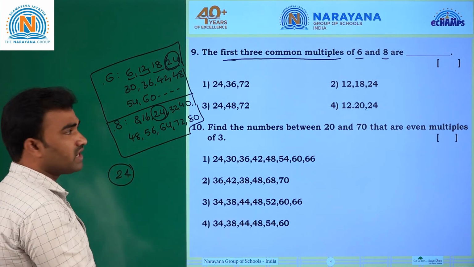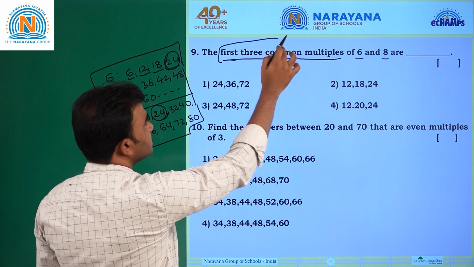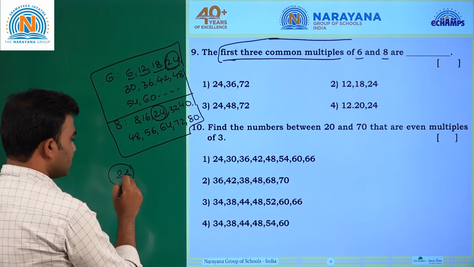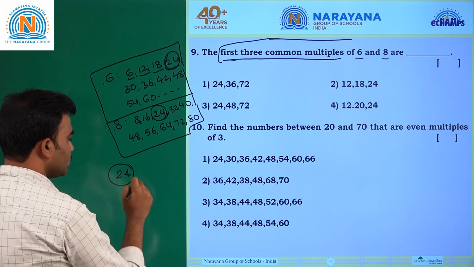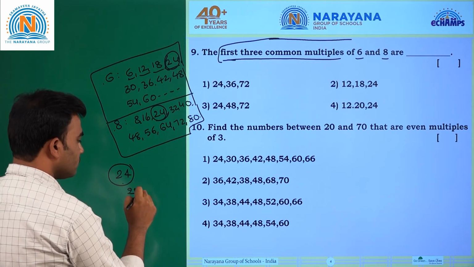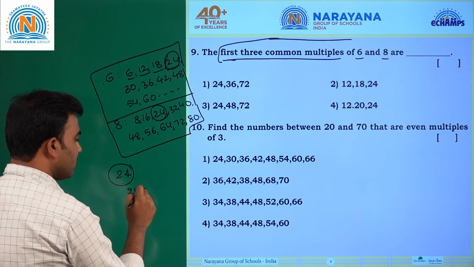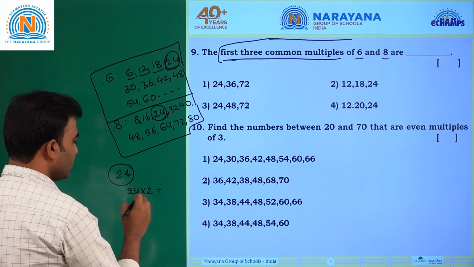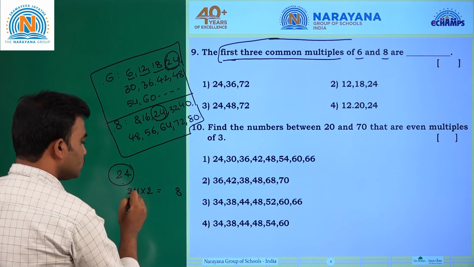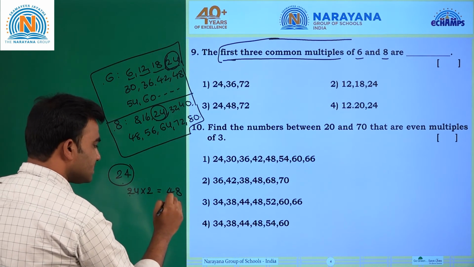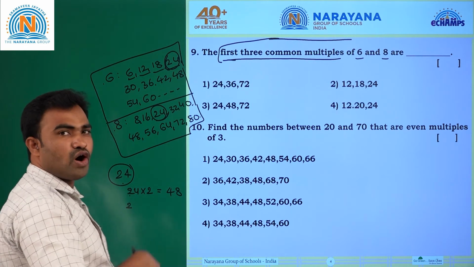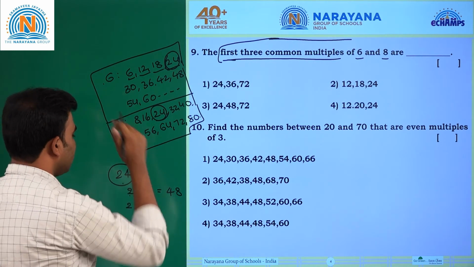Now we just multiply, as they are asking us for the first 3 common multiples of 6 and 8. Remember that this is the first multiple, 24. Next, multiply with 2, you will get the second multiple. 2 4s are 8, 2 2s are 4. This is the second common multiple of 6 and 8.